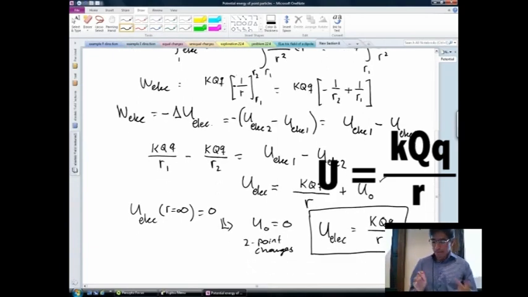So now that you have an expression for the potential energy between two point particles, you can use that to solve problems where, for example, you have the collision between two charged particles, right? In the collision between two charged particles, there are two quantities that will be conserved. One will be the momentum.